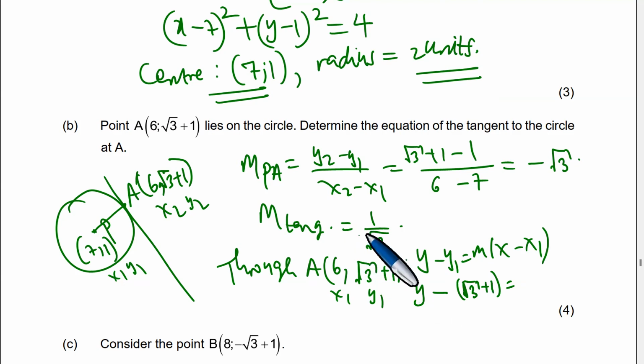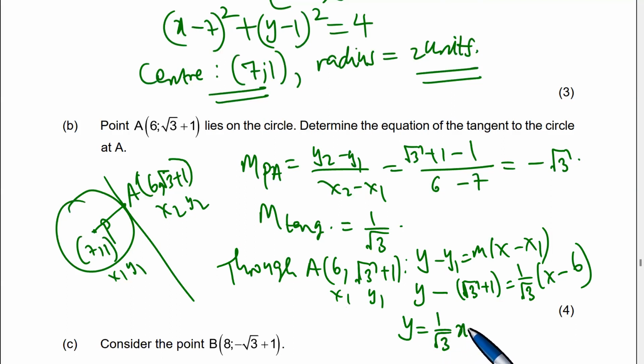The gradient of the tangent is 1 over the square root of 3, into x minus x1, which is 6. Okay, you need to simplify everything here. If you simplify everything, what we're getting is that y is 1 over the square root of 3 x plus 1 minus the square root of 3.